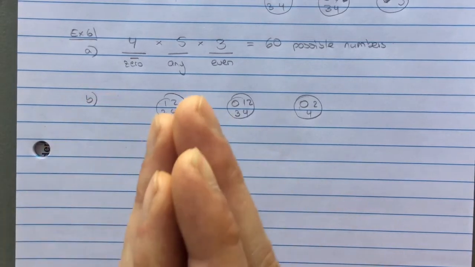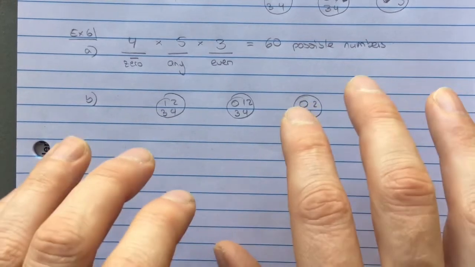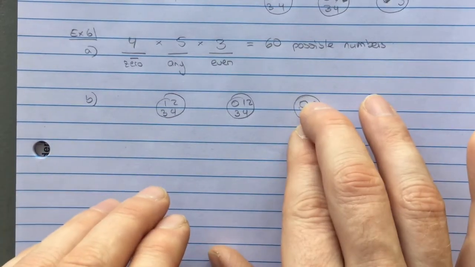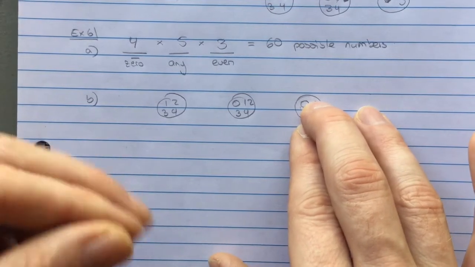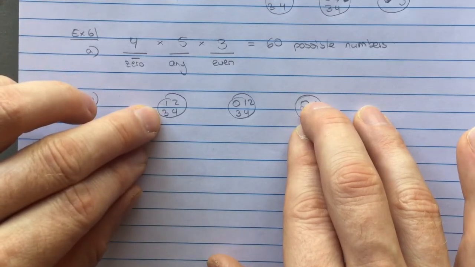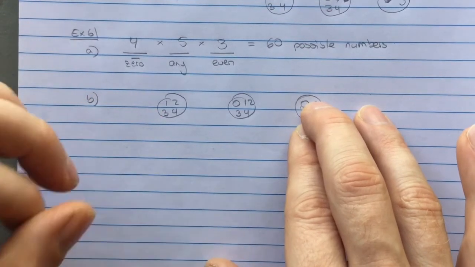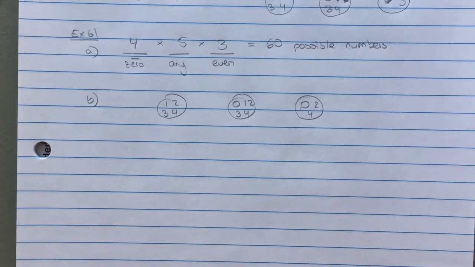So every time you see that one choice, one event, will cause another event to change the number of options in another event, then you need to separate that into 2 different types of events.